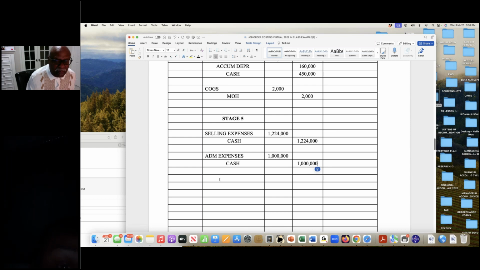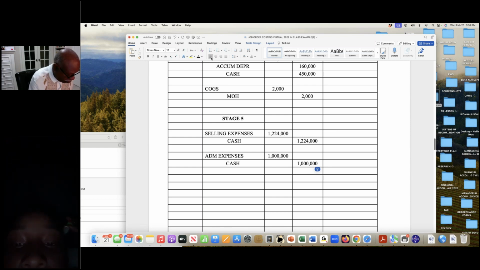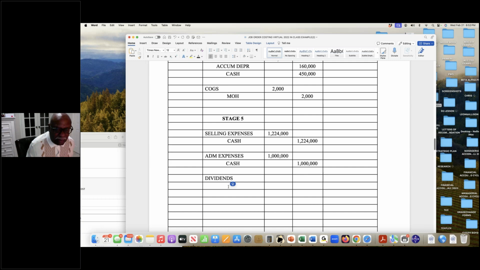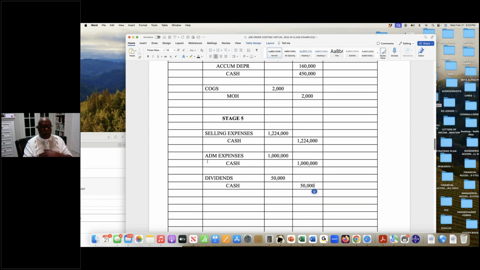Our dividends were 50,000, so we're going to debit dividends and credit cash for 50,000. So we're finished with the problem now.